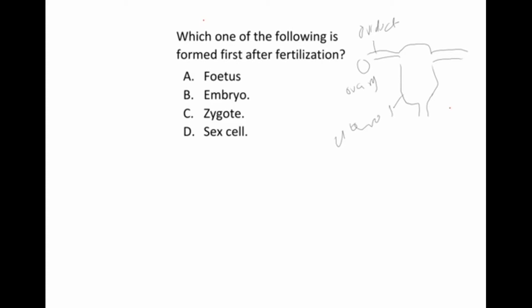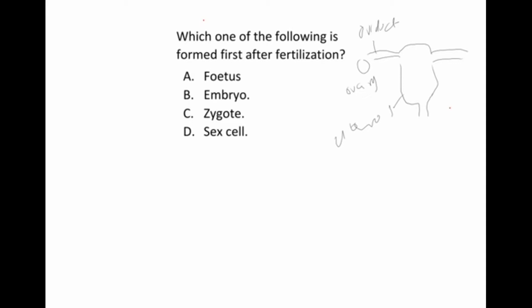Fertilization usually occurs when the male reproductive cell, which is the sperm, and the female reproductive cell, which is the ovum, unite or fuse, and this takes place in the oviduct.